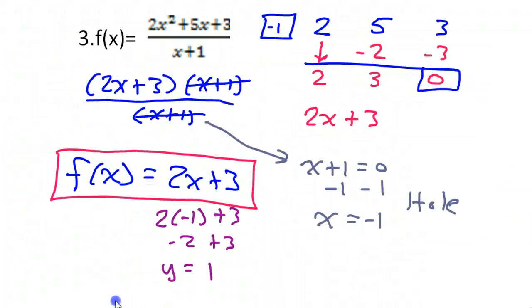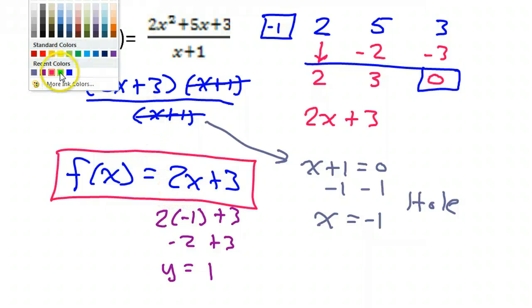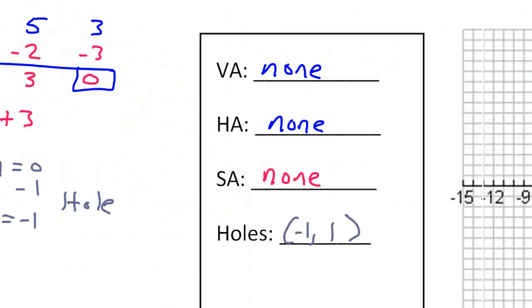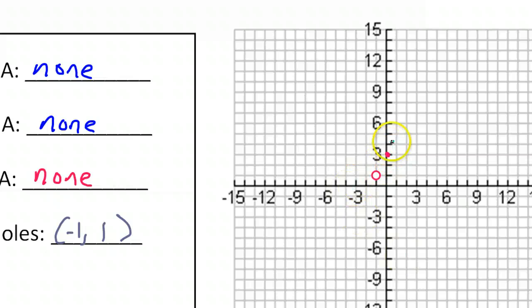And then use the slope. The slope is 2, so that means 2 over 1. So I'm going to go up 2 and right 1 repeatedly. If I go up 2 and right 1, it's going to be doing this. It would hit right here if there weren't a hole there, and it will repeat in the other direction.